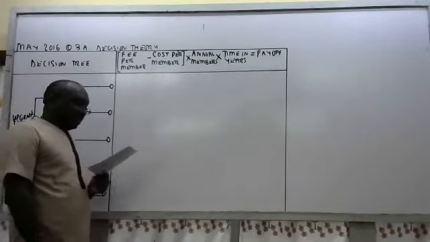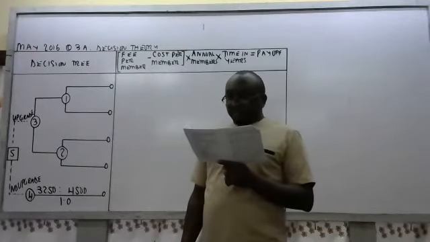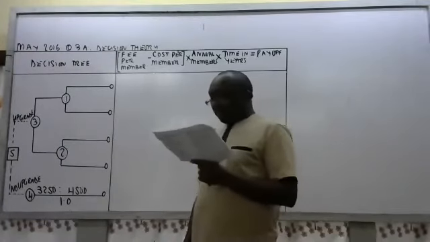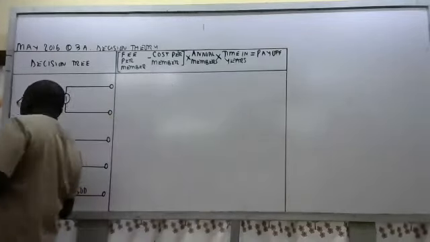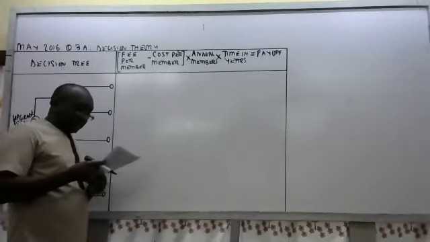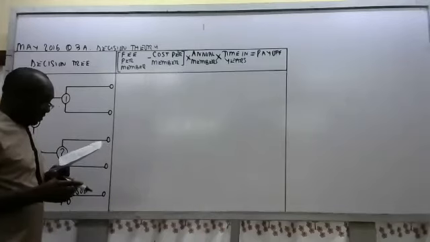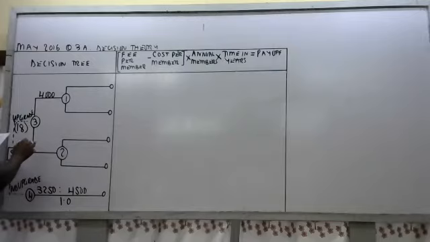Then on this other side, option 2, if you decide to upgrade, you incur a cost of 18 million. So for upgrade, you put 18 in brackets. Then for the next 4 years, membership will be 4,000 and 4,800.